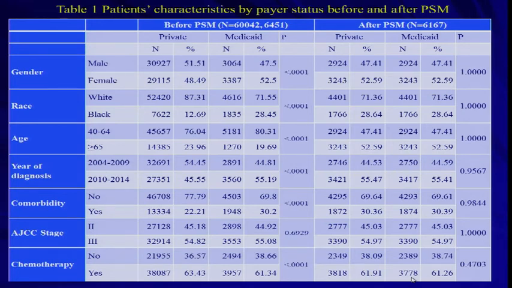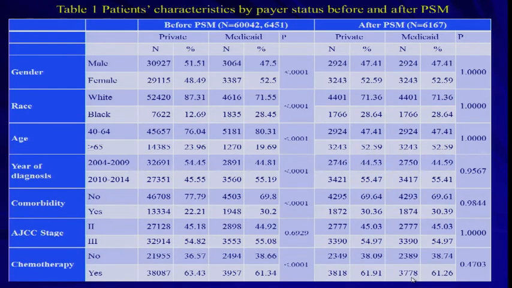For example, this has 48% female, but this is 52% female, the Medicaid patients. That's for female. Then, for the comorbidity, if they have insurance, comorbidity is 22%, but for Medicaid it is 30%. But after propensity matching, you can see every factor is balanced.